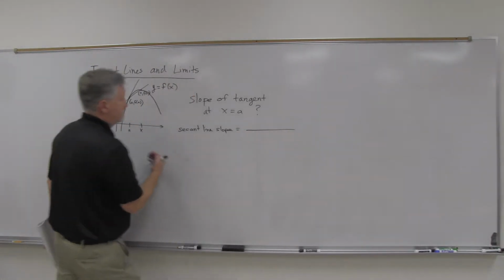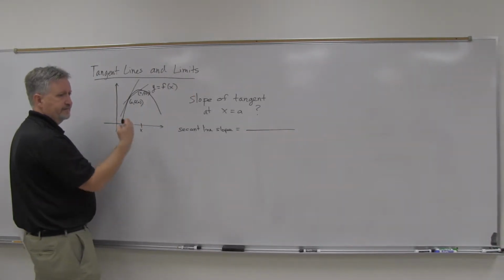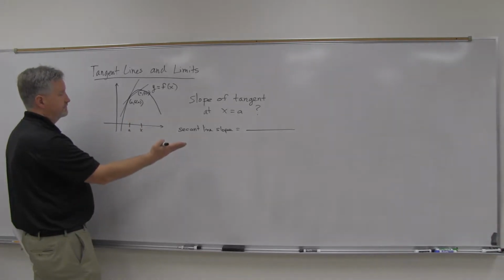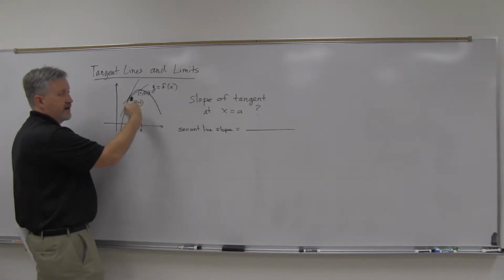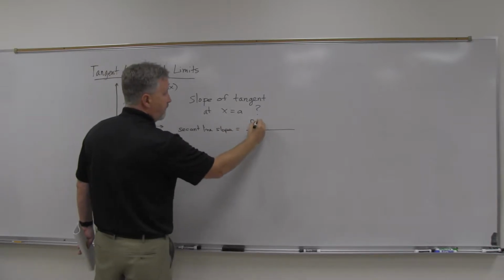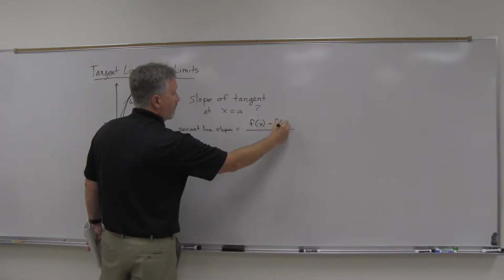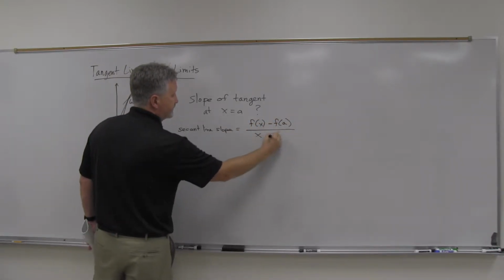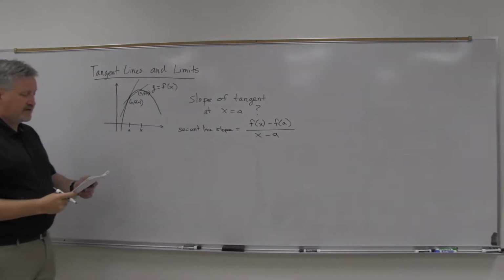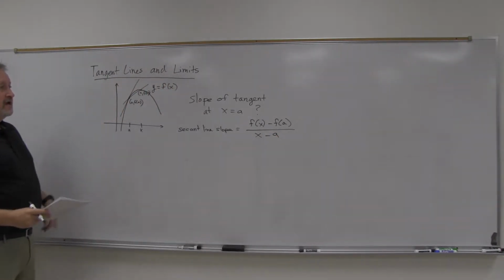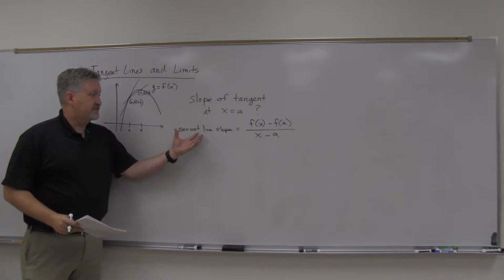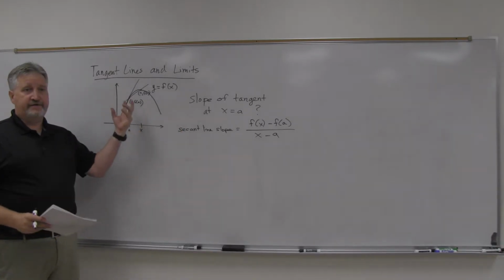All right, so the slope formula here then would be difference of the y's, f of x minus f of a, over x minus a. Now that gives me this secant line slope.